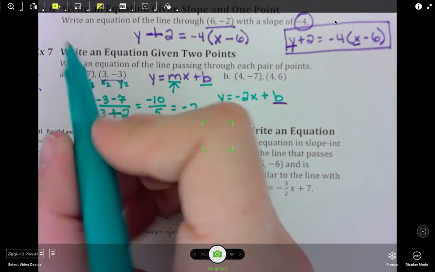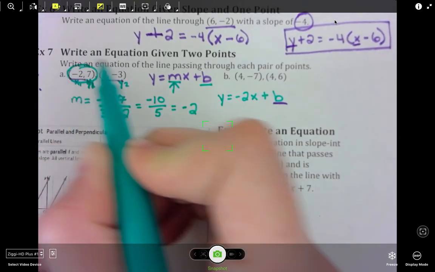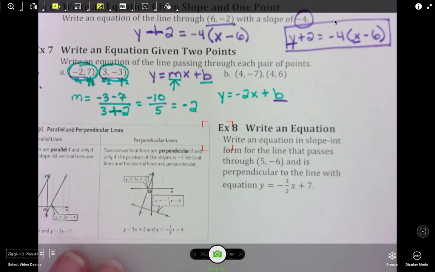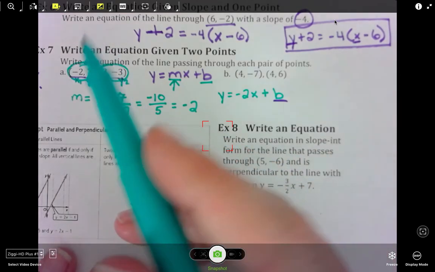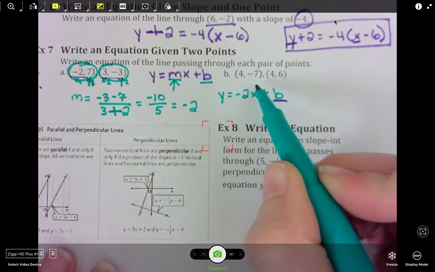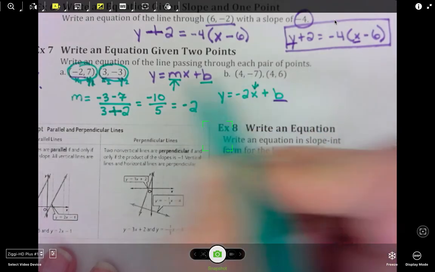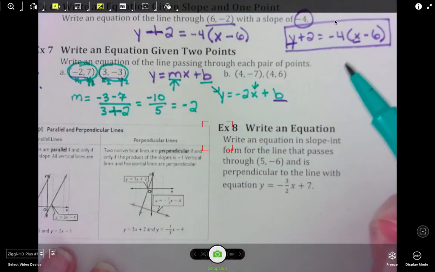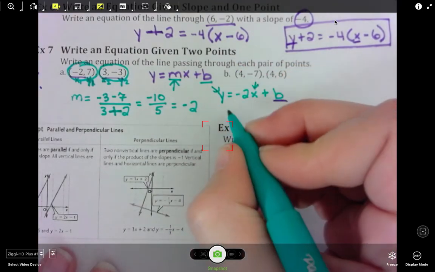It doesn't matter which point you use. You can use -2, 7, or you can use 3, -3. If one of those looks better than the other, you can use that, and it will give you the same b. I'm just going to choose the first one, -2 and 7. I'm going to plug -2 in for x and 7 in for y, and then I'm going to solve.